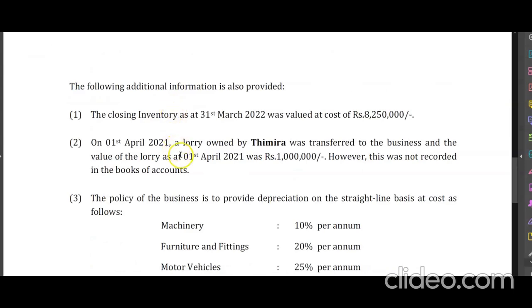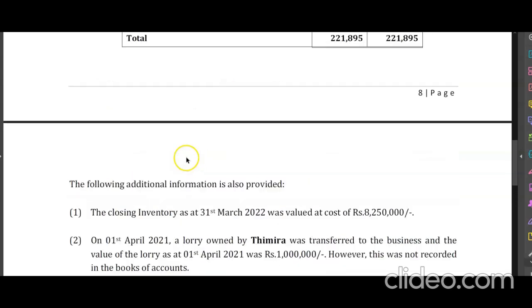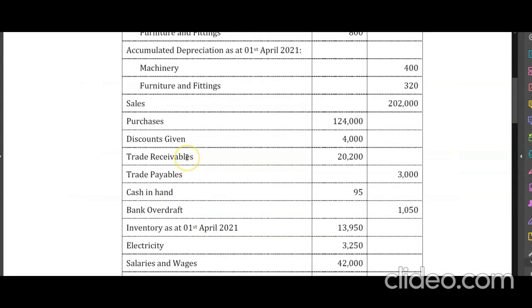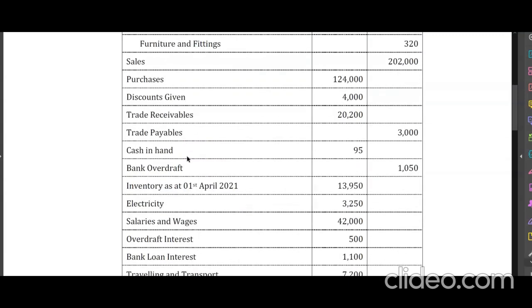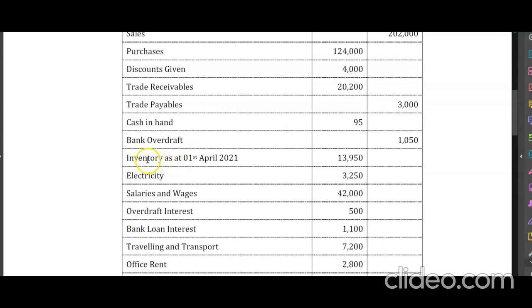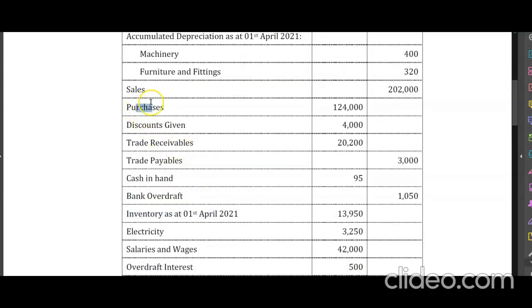The first additional information says that the closing inventory as at 31st March 2022 was valued at cost of 8,250. First of all, you have to understand that this cost of the closing stock is not given in your trial balance, where the opening balance and the purchases are given.